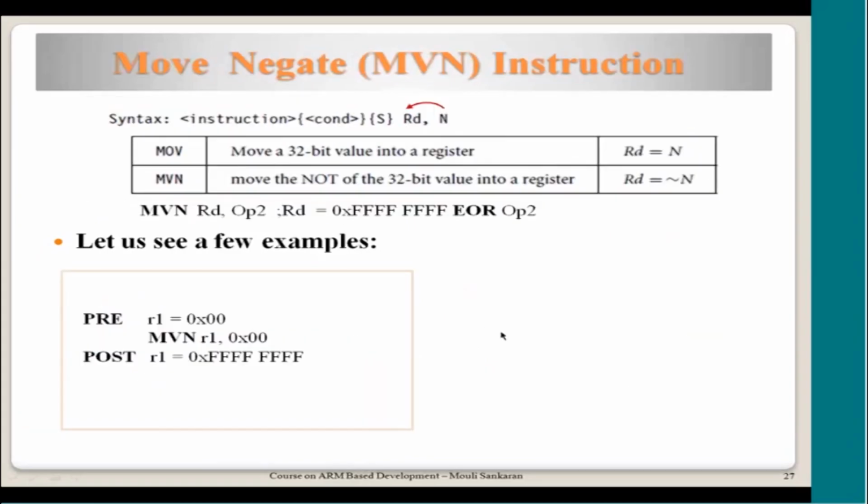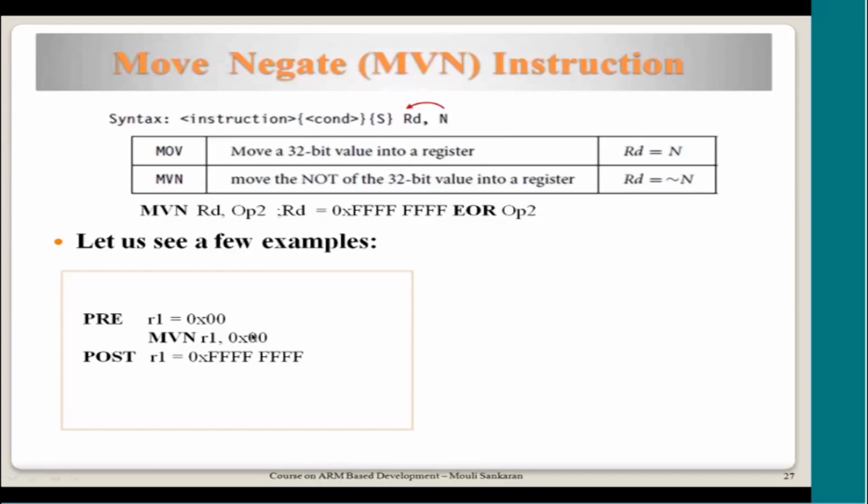Now some more examples using this MVN. Assume that R1 had a 0 value. After MVN, what happens? I told you that all 32 bits in this operand are toggled. That means all zeros will become 1, and that value gets written into R1. So you will get this value in R1. Who does this toggling of this immediate value?